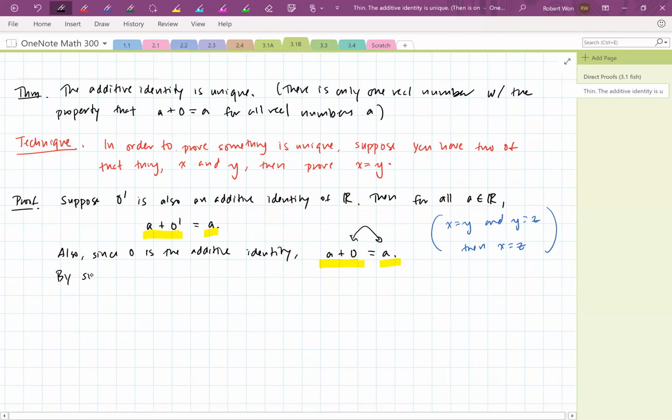So by symmetry of equality, we know that A equals A plus 0. And now I can use transitivity because this is equal to this. So now by transitivity, A plus 0 prime equals A plus 0.